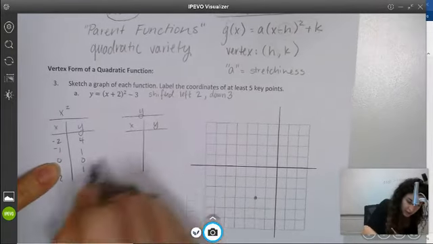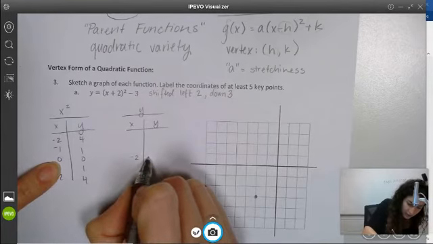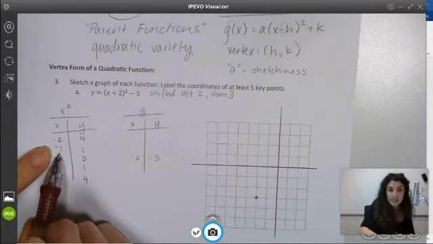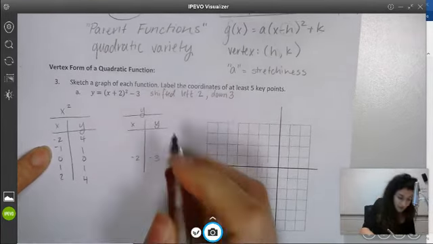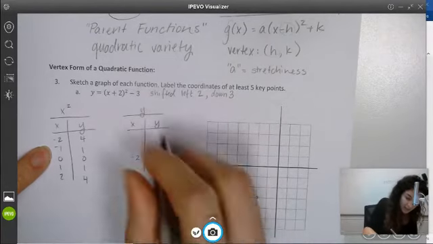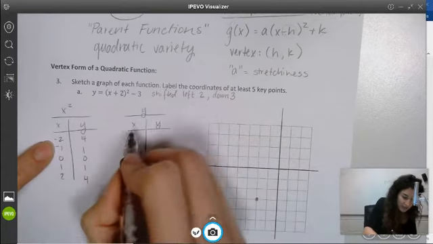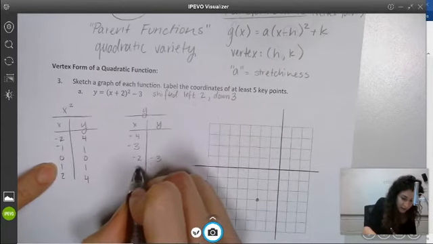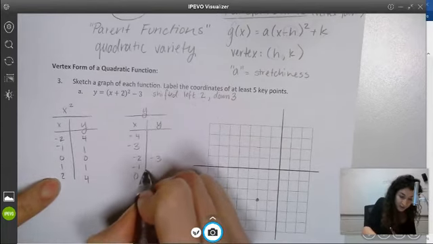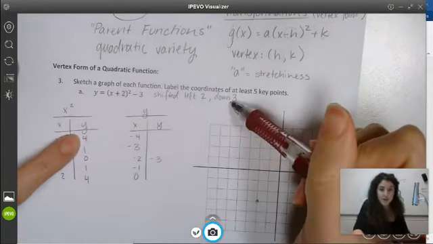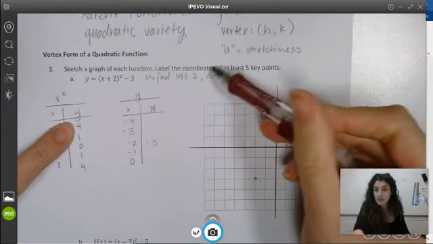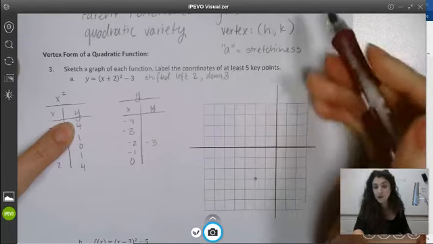But that's also true about all of our other points. So not only is our vertex 0, 0 now -2, -3, I can now also take -1 and shift it left 2, which means -1 minus 2 would be -3. -2 minus 2 would be -4, -1, 0. And then taking all my y values and subtracting 3, because I shifted all of my points down 3.